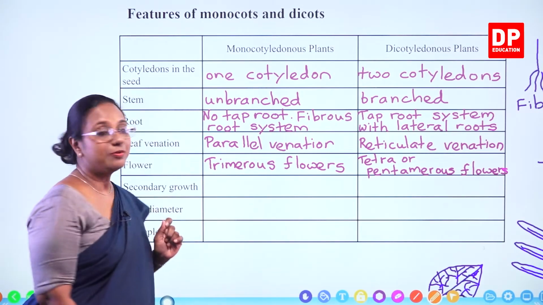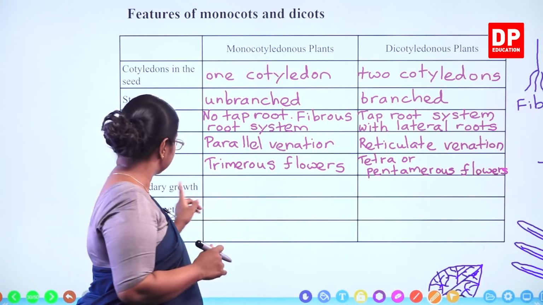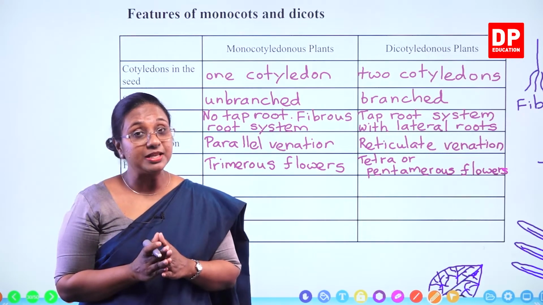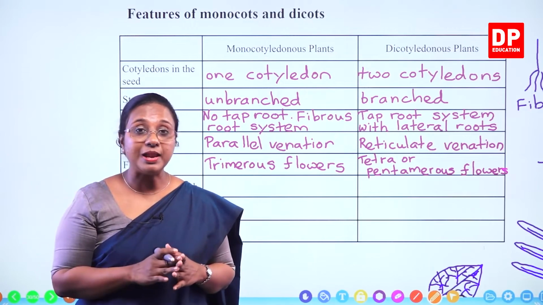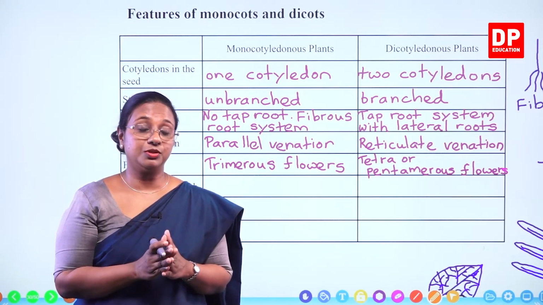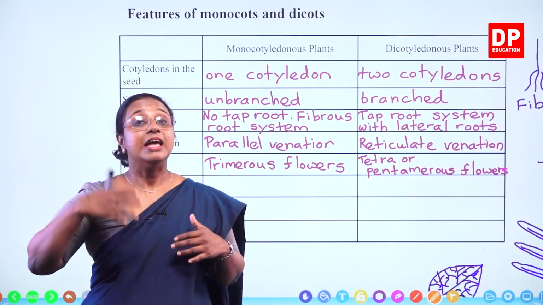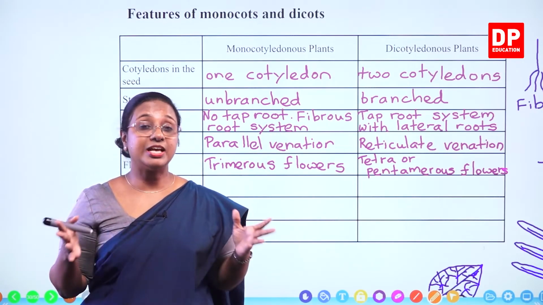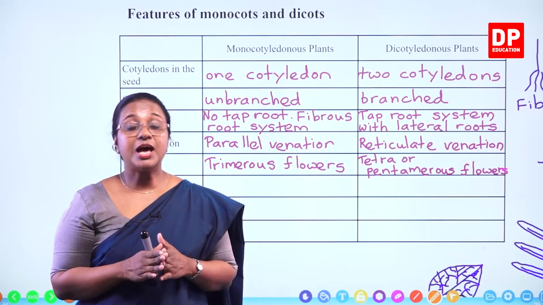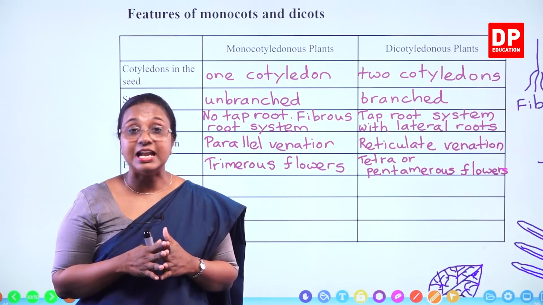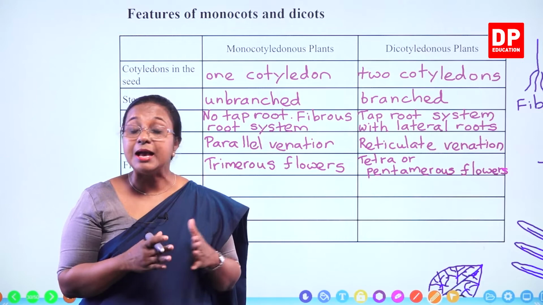So then, if we look at the next feature, secondary growth. So students, you all need to understand what secondary and primary growth are. From the seed, when the plant grows into the mature plant, that is the primary growth. And after that, normally the dicot plants, every year they undergo secondary growth. That is why the stem of the dicot plants become wider and wider. That is because of the presence of a tissue called the cambium tissue.